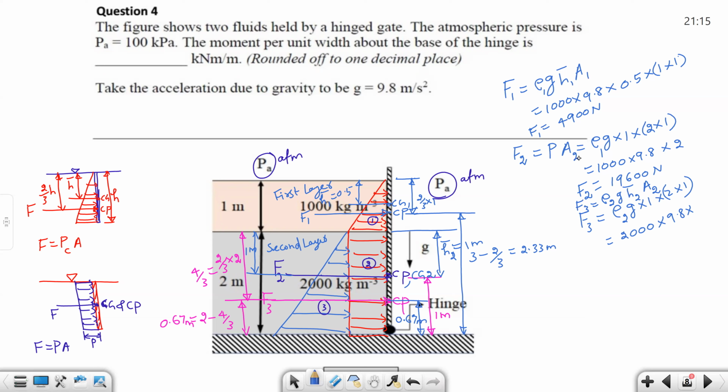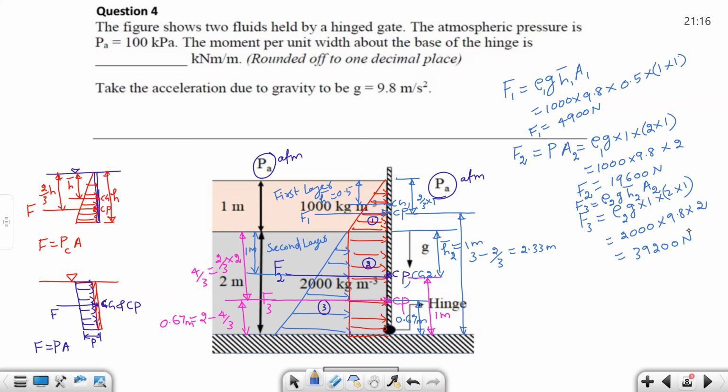So you should be able to calculate the pressure distribution very clearly. So 9.8 into 2. F3 is 3,900 Newton.